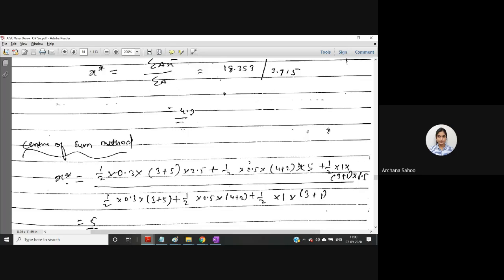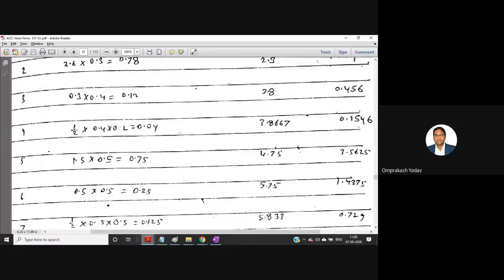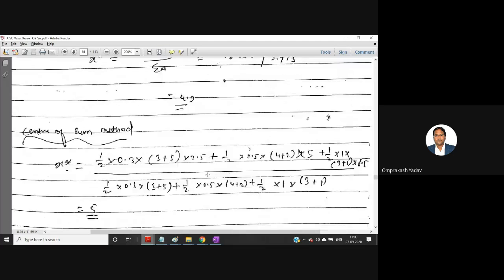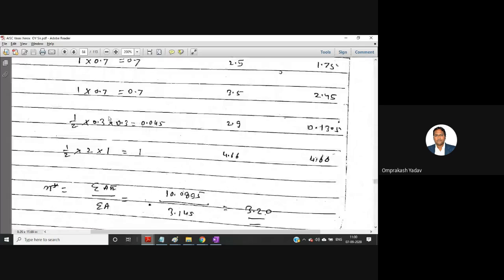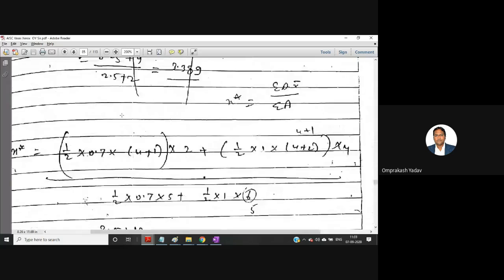So the second part in your sum has a little mistake, I guess. Where? Which one? Just a little bit above. Scroll a little bit up. This one? The center of sums method. Yeah.